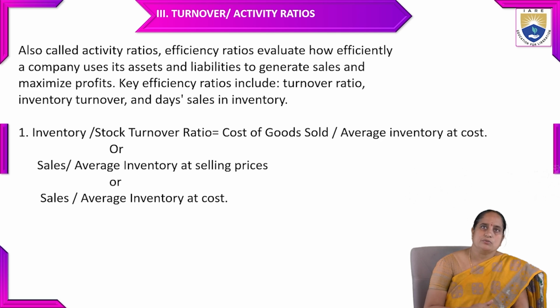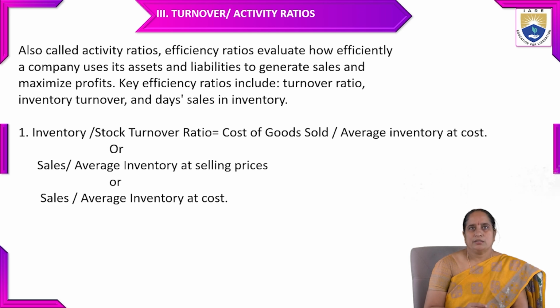So these ratios are also known as efficiency ratios and which are used to evaluate how efficiently a company uses its assets and liabilities to generate sales and maximize profits. The key efficiency ratios include turnover ratio, inventory turnover, and days sales in inventory.